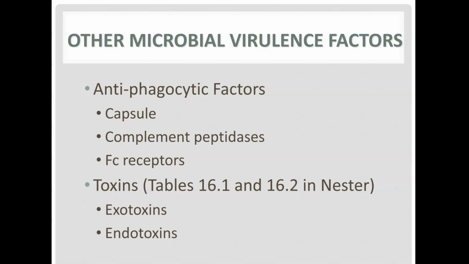I think it's C3b will attach to bacteria, and that opsonizes the bacteria and allows those phagocytes to eat it easier. And so as soon as that complement lands on the bacteria, that peptidase will dissolve that complement, so it doesn't work. Pretty cool. It's almost like an arms race. Our body has something that can do this, while the bacteria is going to evolve to fight that, and so on.